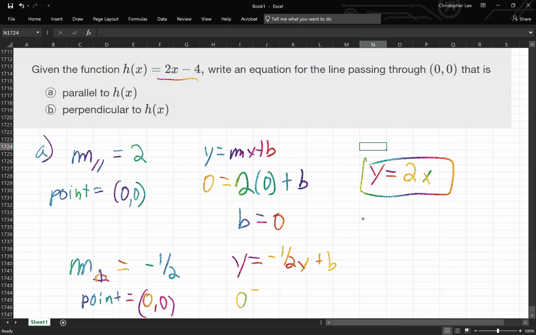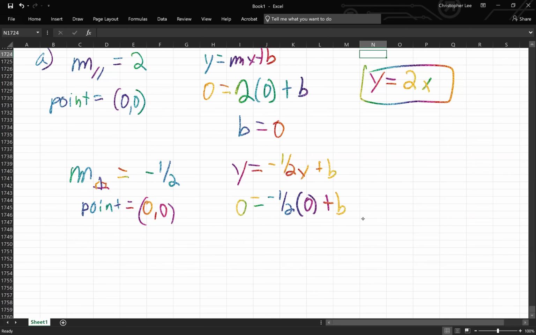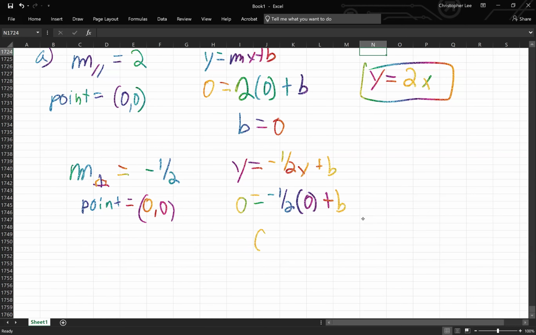Plug in the point, 0 is equal to negative 1/2 times 0 plus b. Right? So 0 equals b. Let's rewrite what we have. y is equal to negative 1/2 x plus 0, but you get the idea. And that's it.